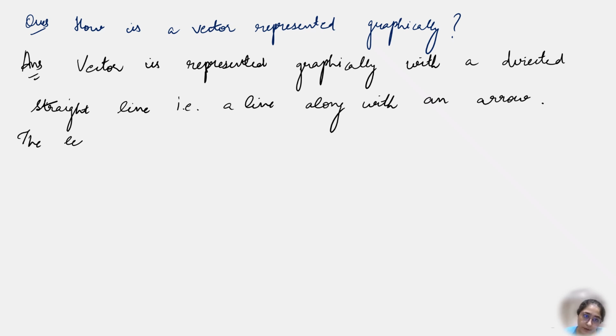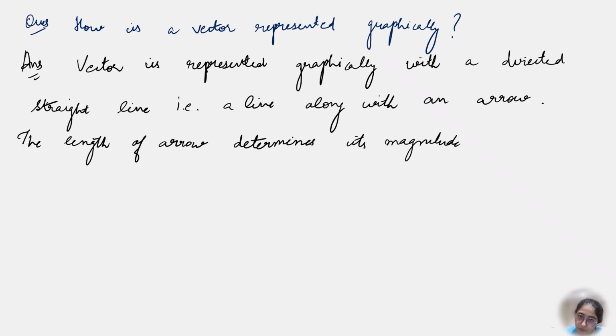The length of arrow determines its magnitude and arrowhead indicates direction.